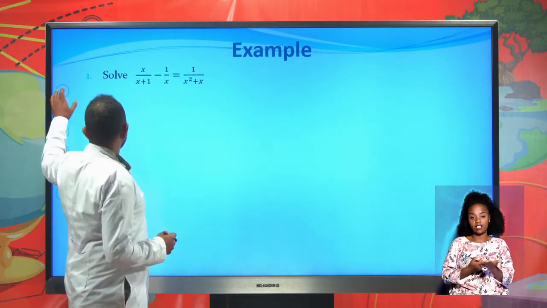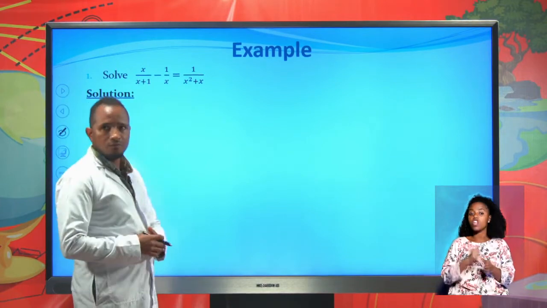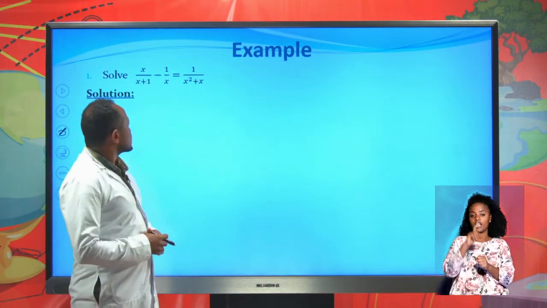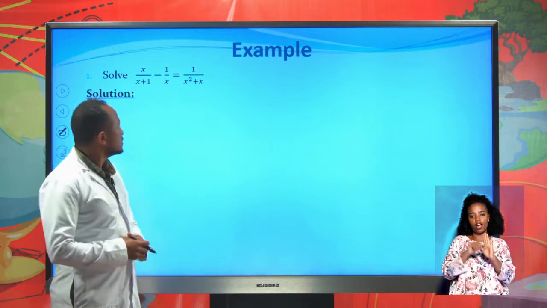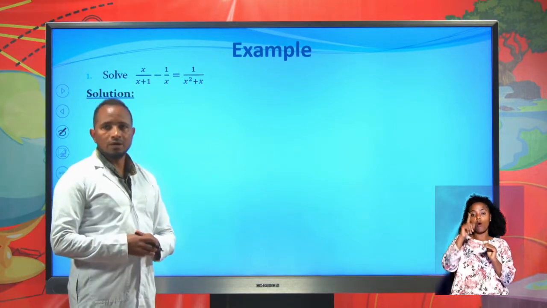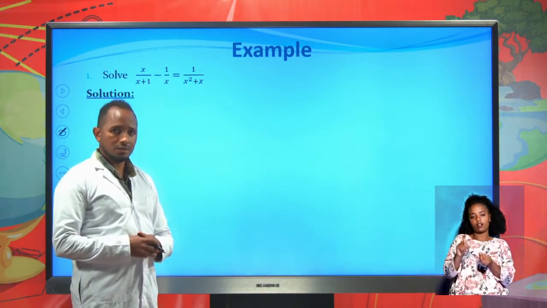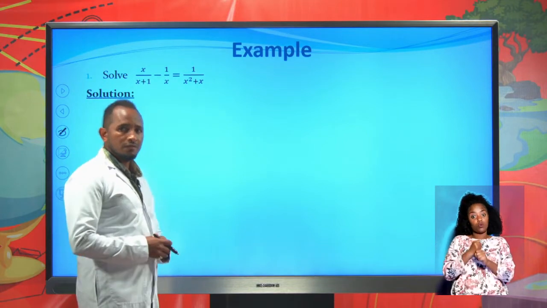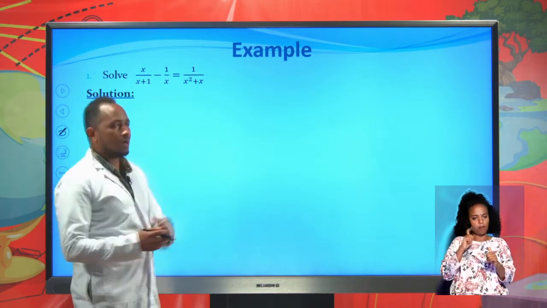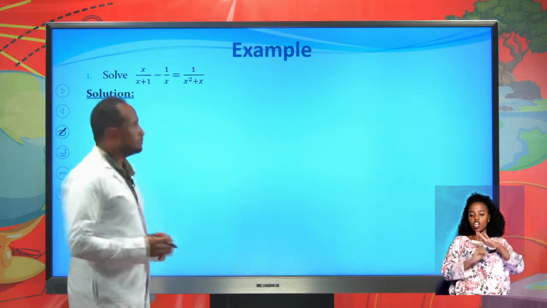Solve x over x plus 1 minus 1 over x is equal to 1 over x squared plus x. To solve this, first I need to factorize the denominator.